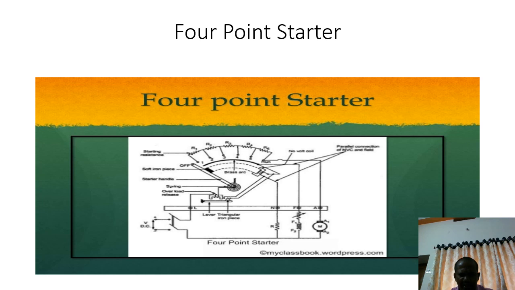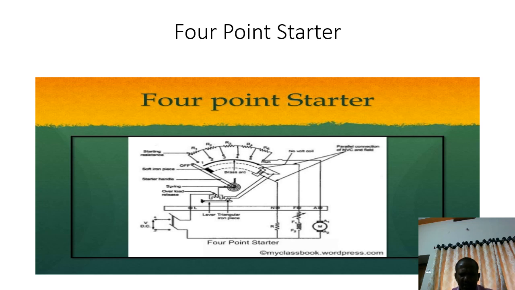The maximum current will be carried by the armature. The remaining current will pass through the field winding as well as through the limiting resistor. This is what we observe in the case of the 4-point starter.